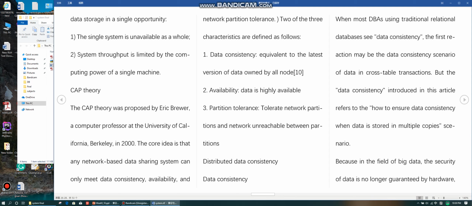The CAP theory means that data consistency has to be equivalent to the latest version of data owned by all nodes, and the data is highly available, and also data has partition tolerance.